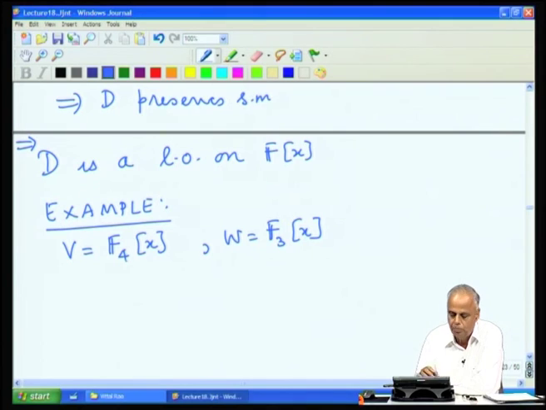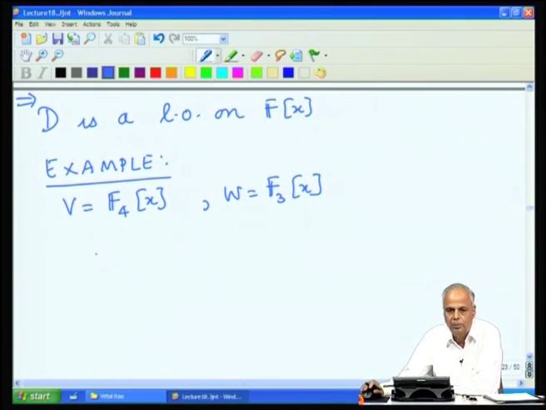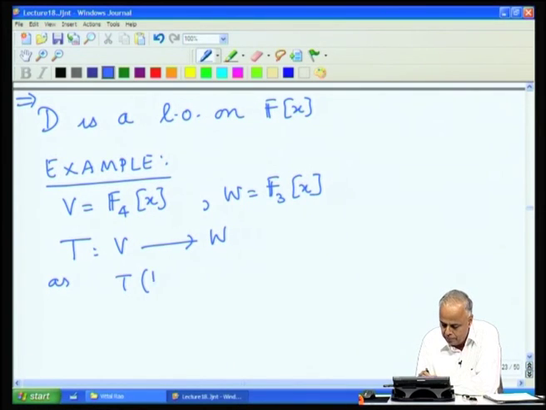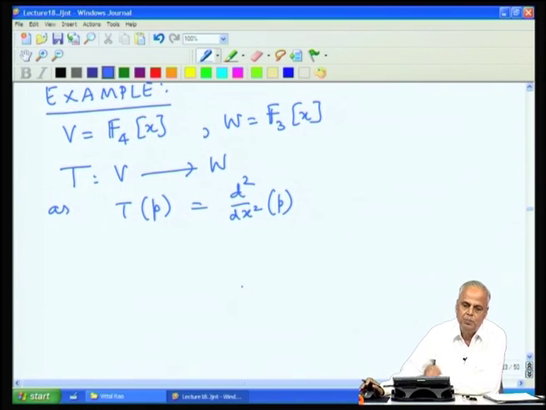The space of all polynomials of degree less than or equal to 4 is V, and of degree less than or equal to 3 is W. Then we define T mapping V to W as T of p is the second derivative of p. Once again, the derivative splits addition into separate terms and scalar multiplications are separated out. So, therefore, it is easy to see.